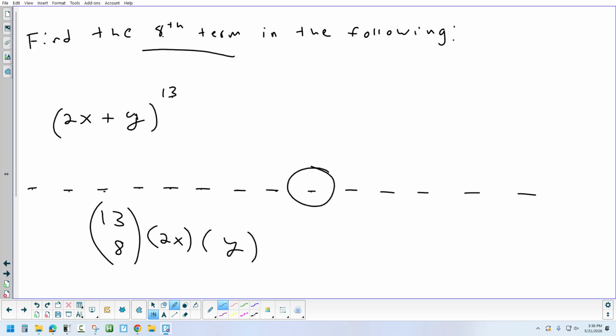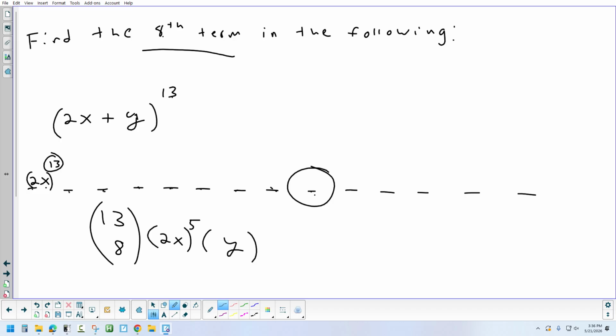Now we need the powers. If I started with my 2x term here, what would be the power on the 2x in the first spot? Yep. It would have been to the 13th. And then, what would happen each time to this 13? Yep. It would decrease by 1. So then it would be to the 13, 12, 11, 10, 9, 8, 7, 6, 5.